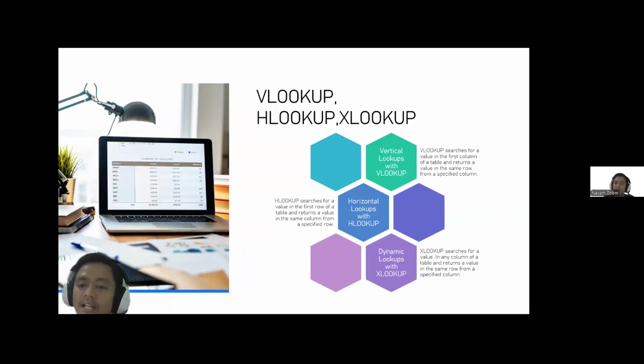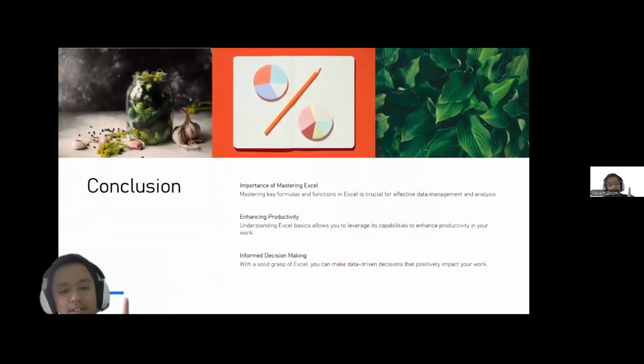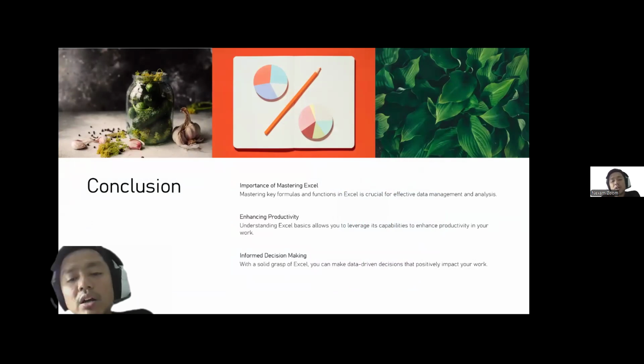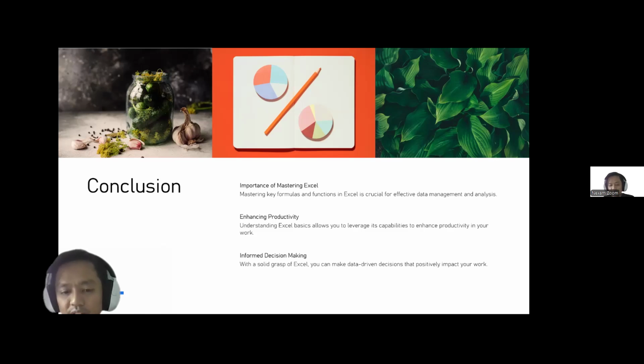Okay, XLOOKUP, VLOOKUP, HLOOKUP. Conclusion. What is the importance of Excel? You have to master a few formula keys to have good knowledge to bring you good answers. And you can enhance your productivity, and it can be a good tool for decision making.